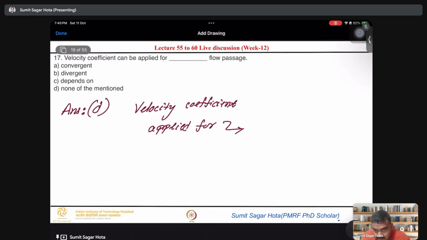So the velocity coefficient is applied for any flow passage.